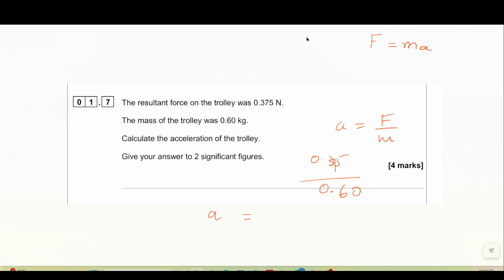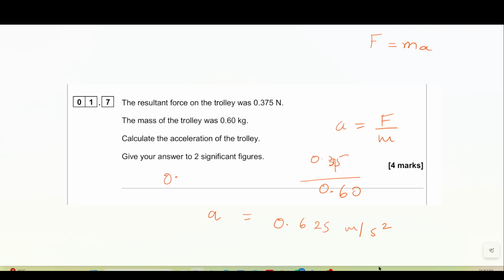So 0.375 divided by 0.60 equals 0.575 meters per second squared. 0.625, right? 575.